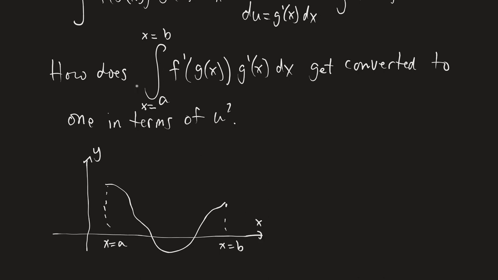We know what this definite integral represents: if this is the graph of f prime of g of x times g prime of x, then the definite integral gives me the net area of this region in blue.